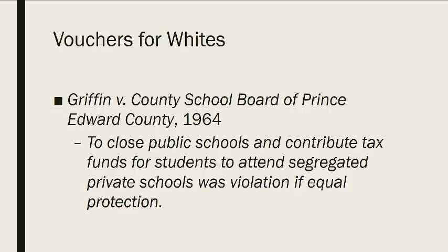Well, in the case of Griffin versus County School Board of Prince Edward County, that's in Virginia, the Supreme Court ruled that contributing tax funds for students to attend segregated private schools was a violation of the Equal Protection Clause of the 14th Amendment. And so again, Earl Warren is still Chief Justice here during this court.